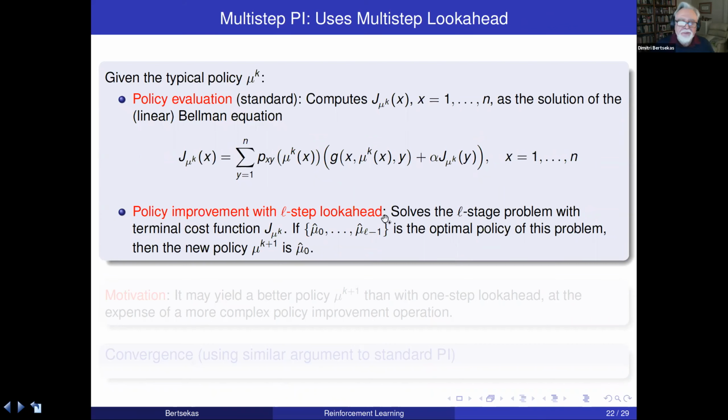In other words, we solve the L stage problem with terminal cost function J mu k. And if this is the optimal policy of the problem, we take the first component of this L step policy, and that's our new policy, and we throw away the rest. We have gone through algorithms like that before, and now we call it multi-step policy iteration. And there is, of course, the easier case of multi-step rollout that we have seen.